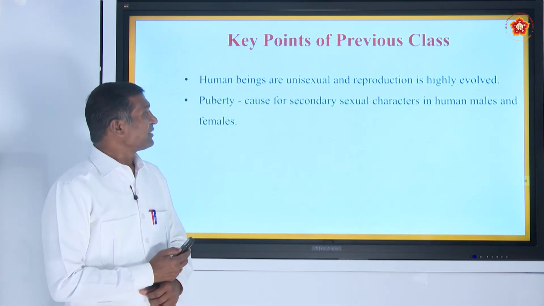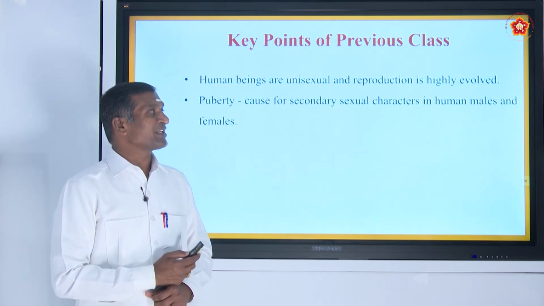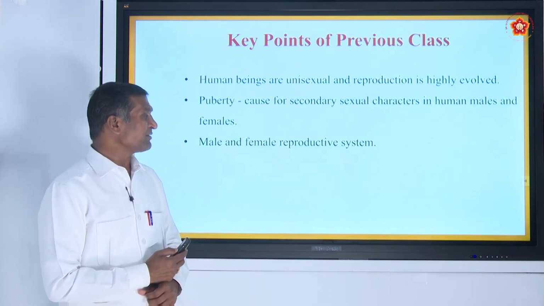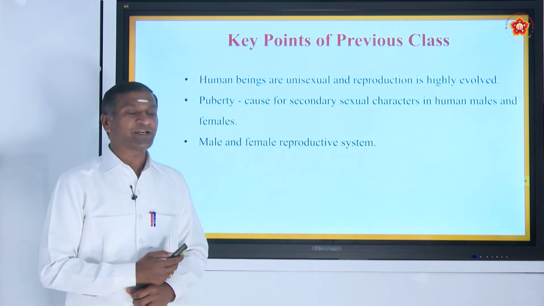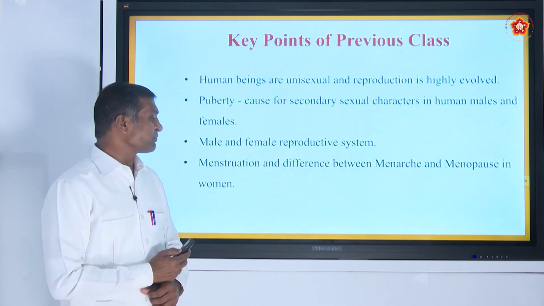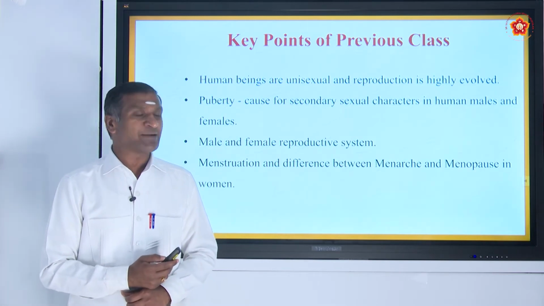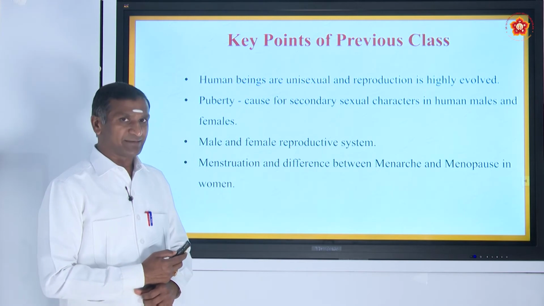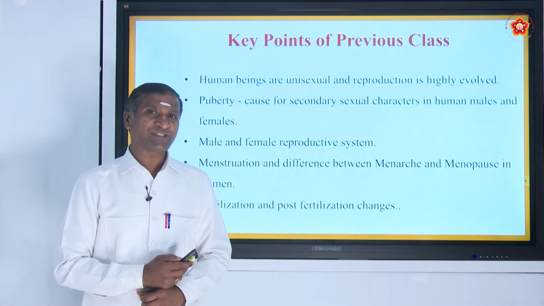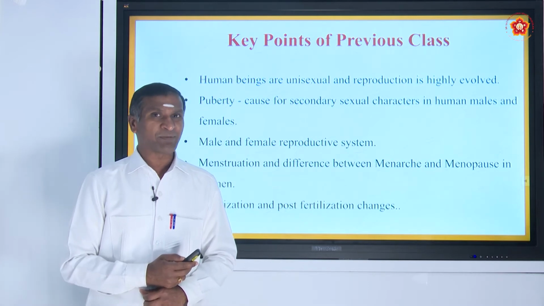Further, puberty is the cause for secondary sexual characters in human males and females. We continued with the male and female reproductive system in detail. Further, we understood what is menstruation and also the difference between menarche and menopause in women. The fertilization and post-fertilization changes were made clear in our previous part.